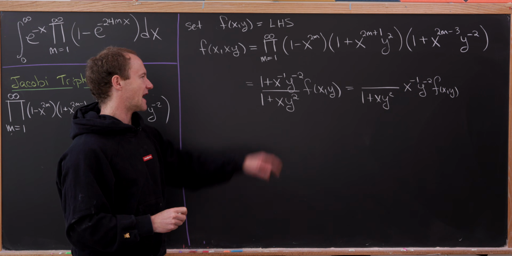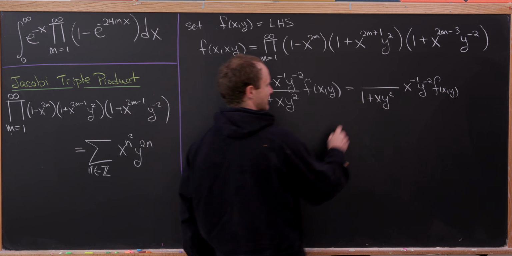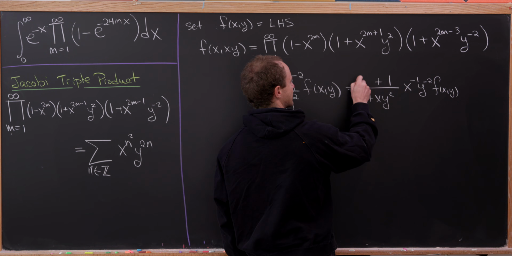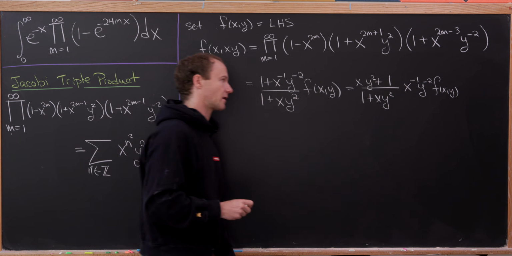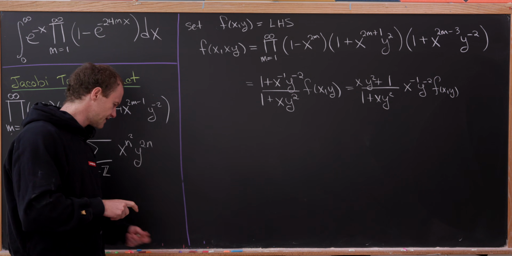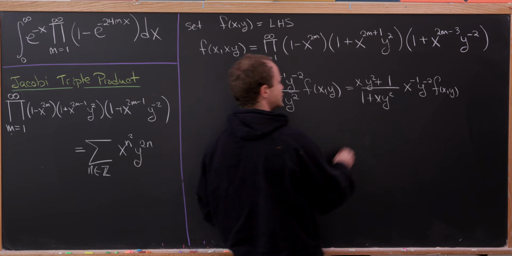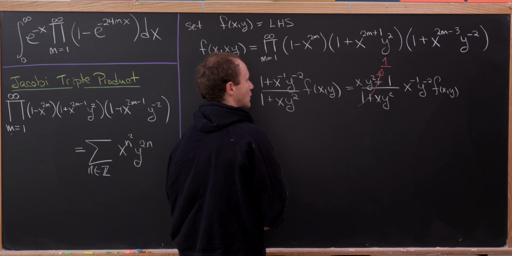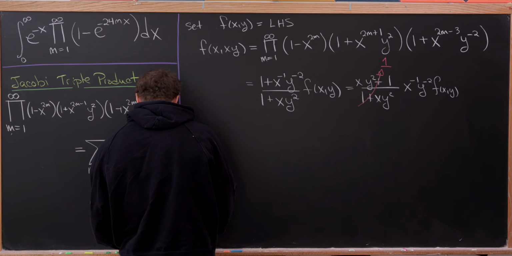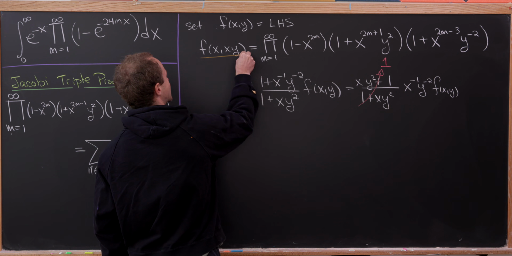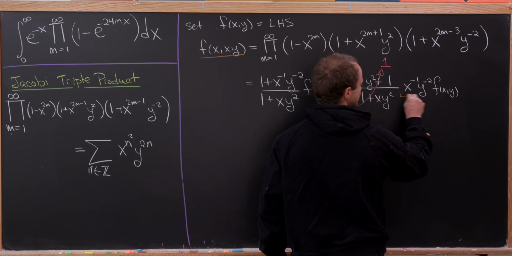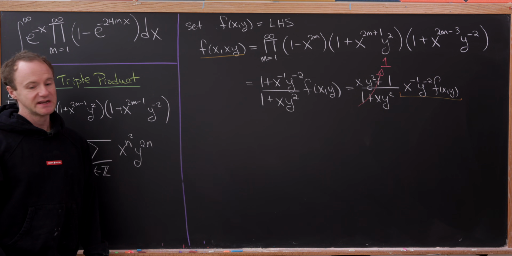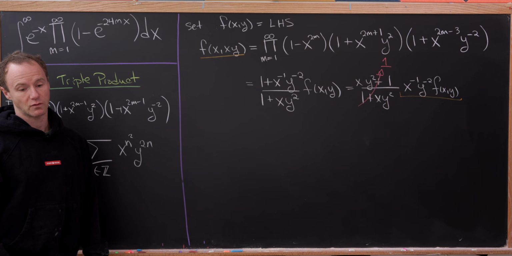Then factoring an x to the minus 1, y to the minus 2 out of the second term will simply give us 1. Factoring out of the first term will give us xy squared. Oh, but notice that we get some nice simplification here. In fact, this simplifies simply to the number 1. But let's see what we have. We have f of x comma xy is equal to x to the minus 1, y to the minus 2 times f of x, y.